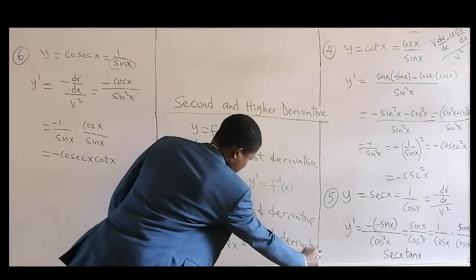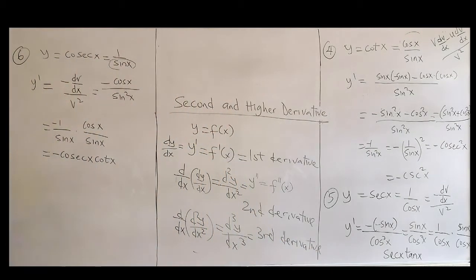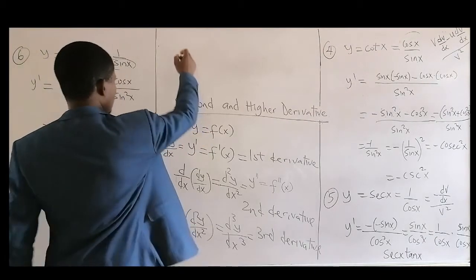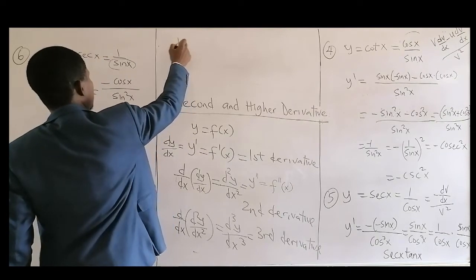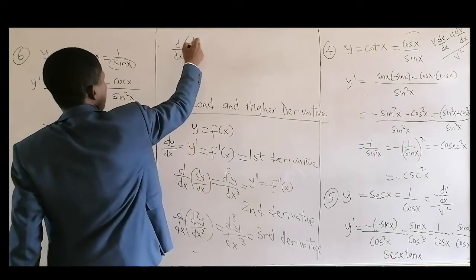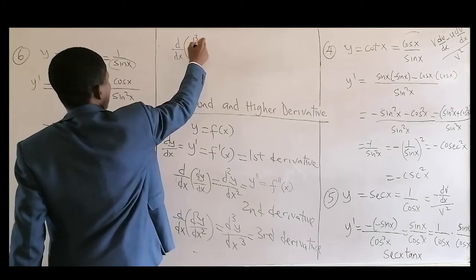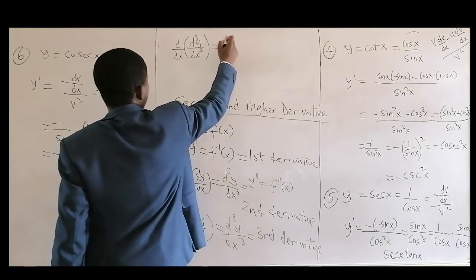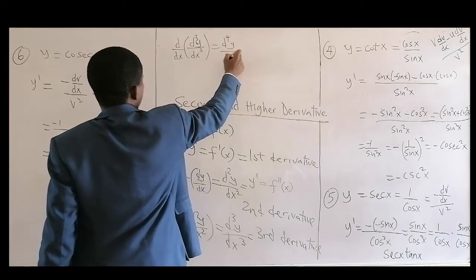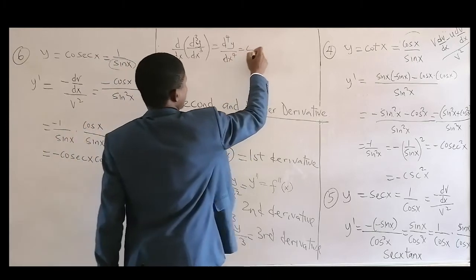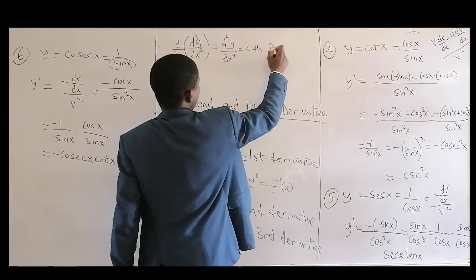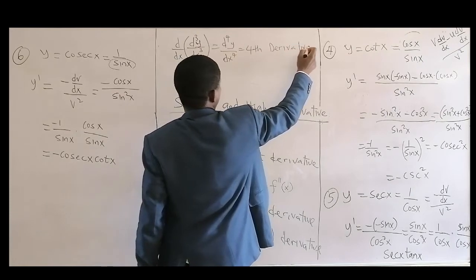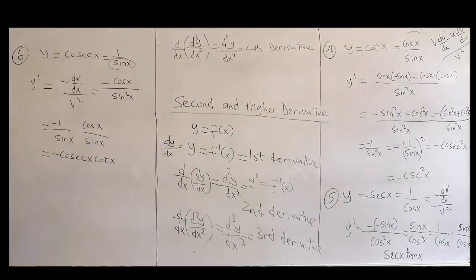Then we can do one more: you differentiate your third derivative, which gives the fourth derivative, d to the fourth y over dx to the fourth. And the list goes on and on like that.